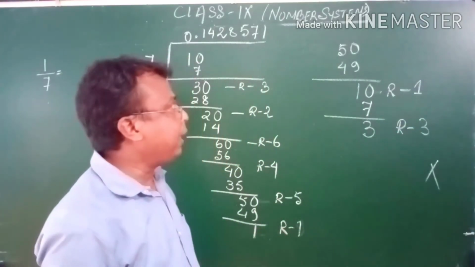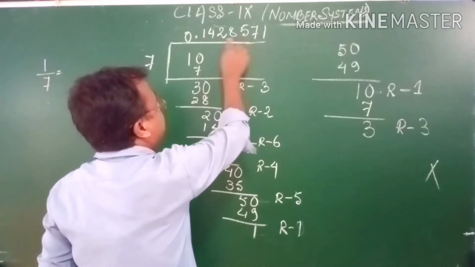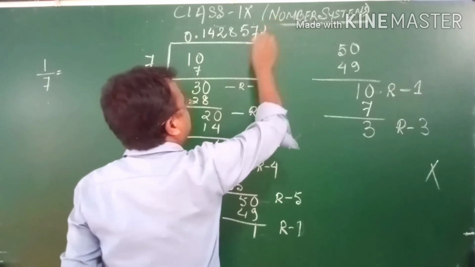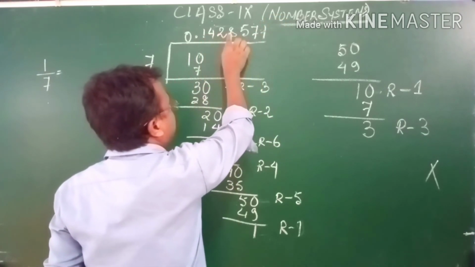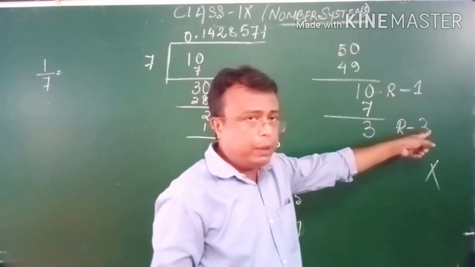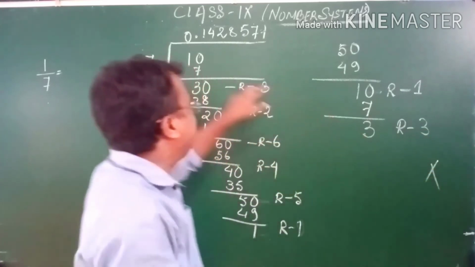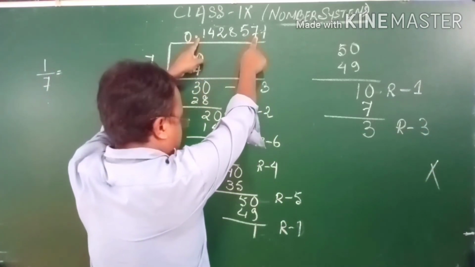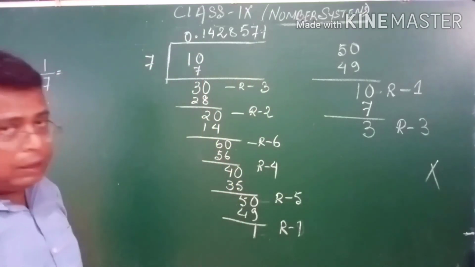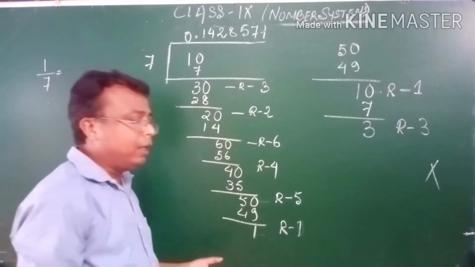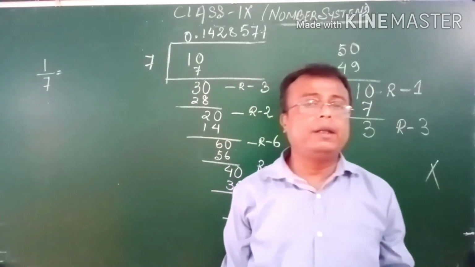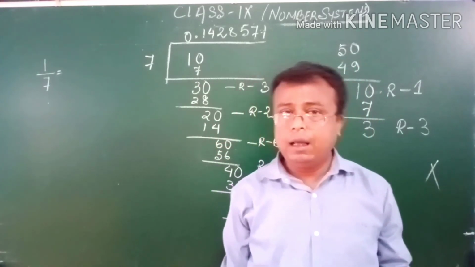From this I came to know that this block of digits 1, 4, 2, 8, 5, 7 will repeat again and again because the remainder is repeating. That is how to find which block of digits will repeat again and again in a decimal expansion.